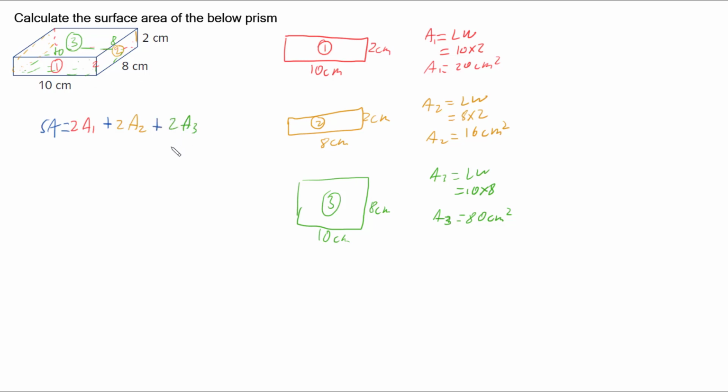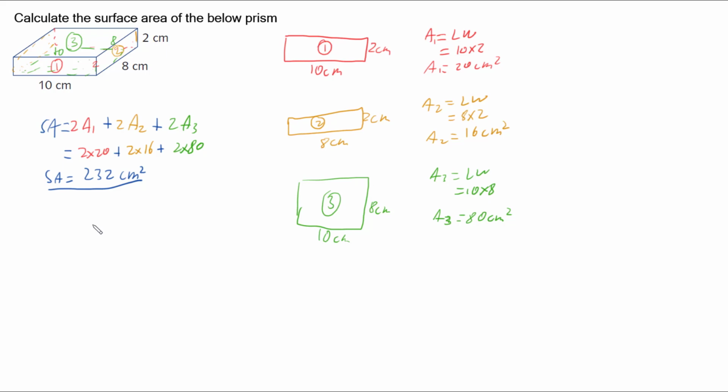So I've got 2 lots of area 1, plus 2 lots of area 2, plus 2 lots of area 3. So I've got 2 lots of 20, 2 lots of 16, and 2 lots of 80 all added up. And so if we work that out, that gives us a surface area of 232 square centimeters. And that would be it.